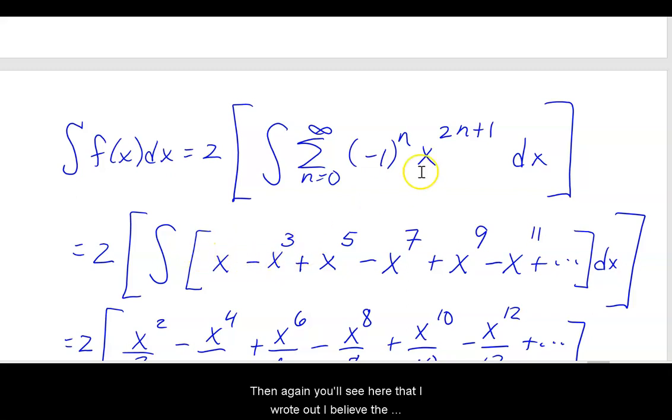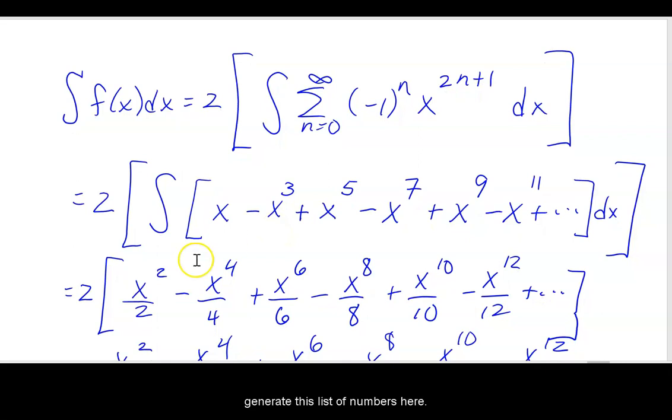And again, you'll see here that I wrote out the first 6 or 7 terms by letting n be 0, then 1, then 2, and so on. By taking the integral term by term, I was able to generate this list of numbers here. The 2 is still on the outside.